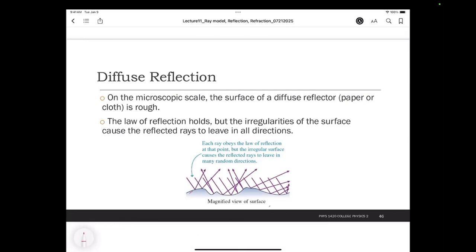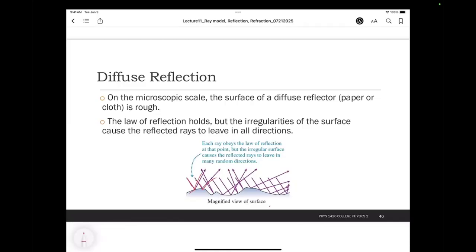Each ray obeys the law of reflection at its specific point, but the irregular surface causes the reflected rays to leave in many random directions.